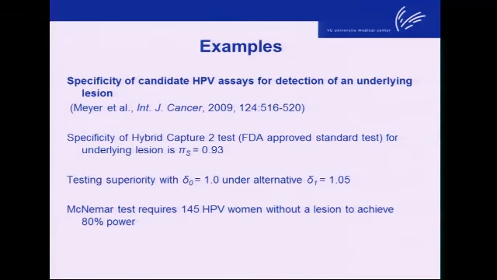Another example is in HPV assays, not for detecting HPV itself, but these HC2 tests can also be used to detect an underlying lesion. In that case, we can compare the specificity of the tests. Specificity is likely to be around 93%, and if you want to show that a new test is superior, then a standard McNemar test requires almost 150 HPV-positive women who do not have a lesion.